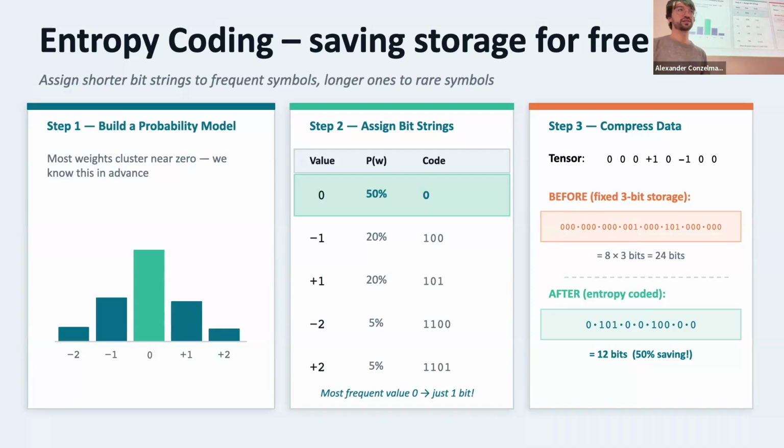If you use the assignment scheme that we have here, then you use only 12 bits, because you can encode all these 0 values with just 1 bit, and the more frequent ones then with 3. And then you just hope that you do not have a mismatch in your entropy model, because if you would encounter a lot of +2s, you could also have a longer total string, right? So it's really always important that this model predicts the data well.